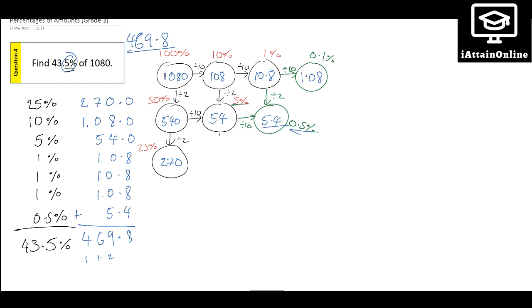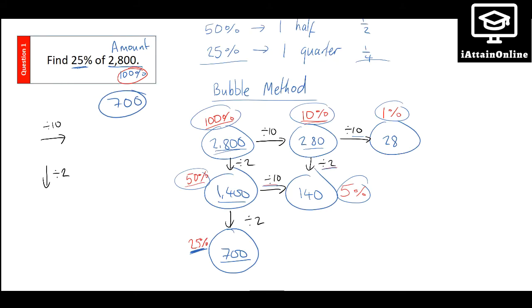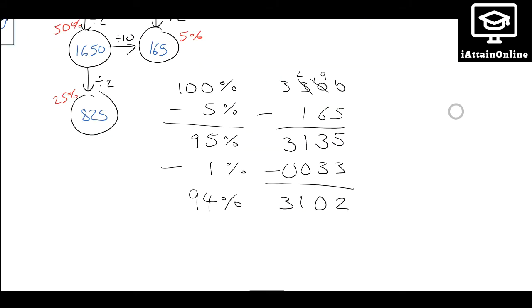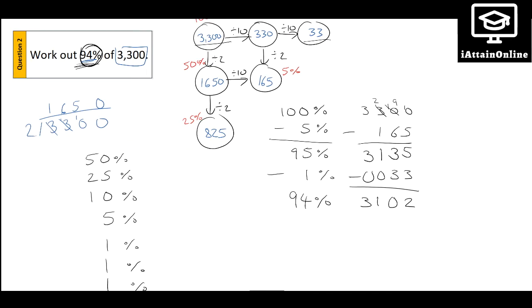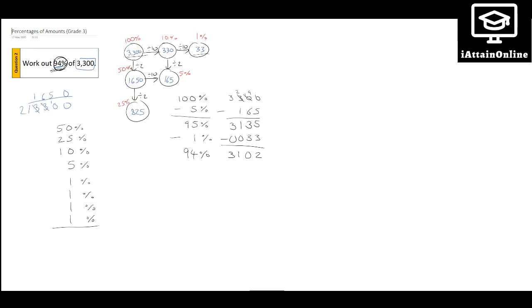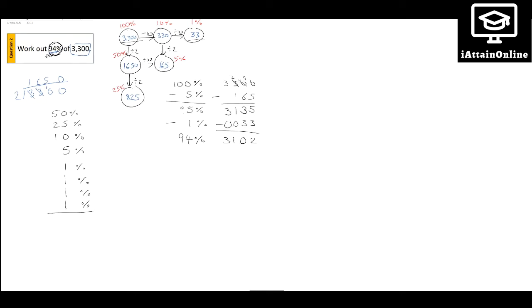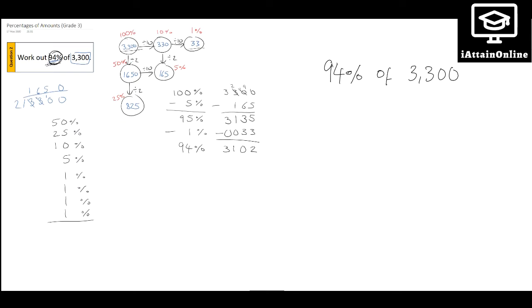Okay, very quickly, I'm just going to show you how you might do one of these questions with a calculator. Everything I've shown you so far has been without a calculator. So if I just take this question, you could do any of these questions, but if I was finding 94% of 3,300, remember a percentage can be written as a decimal.